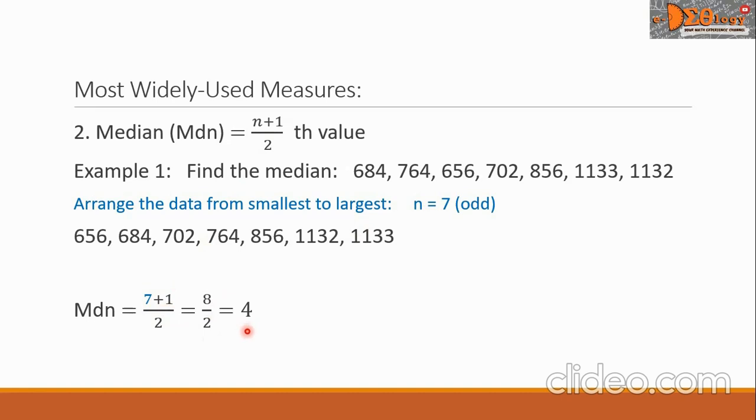This number 4 describes the fourth value of our arranged data. So finding the fourth value, this is the first, second, third, and the fourth. The 764, that is the median. This is our final answer.